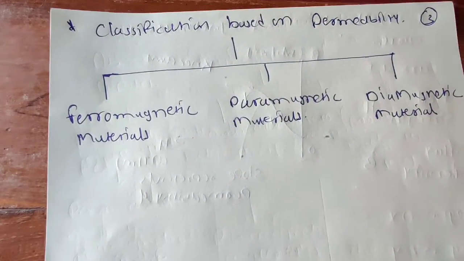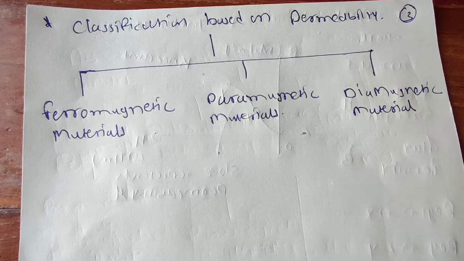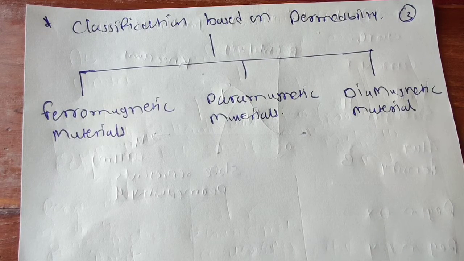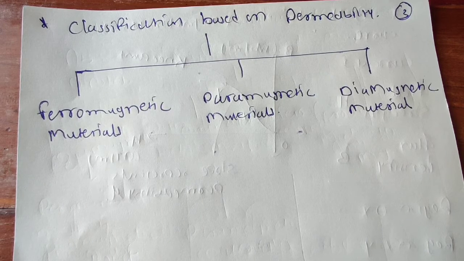Now the third classification is on the basis of permeability, where again you can classify into ferromagnetic, paramagnetic and diamagnetic material. For a ferromagnetic material, the value of relative permeability mu r is substantially higher than 1, and it is dependent on the strength of the magnetic field.